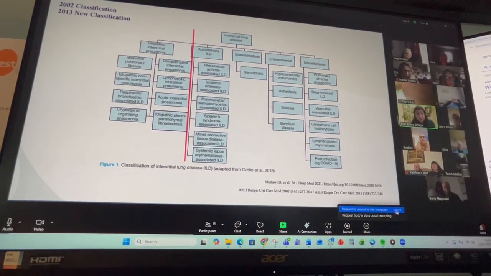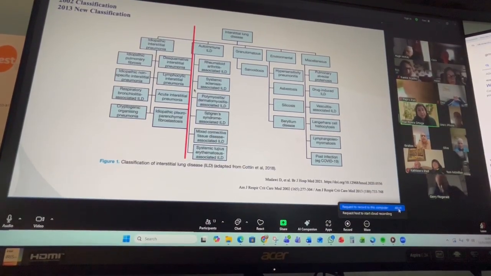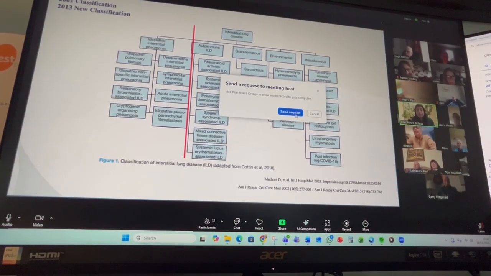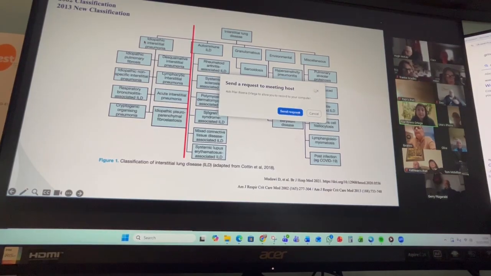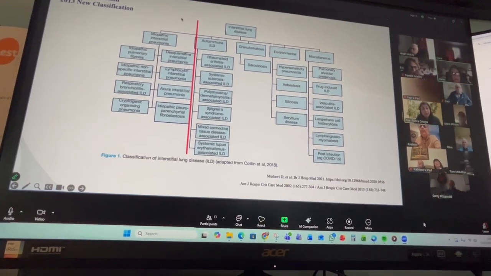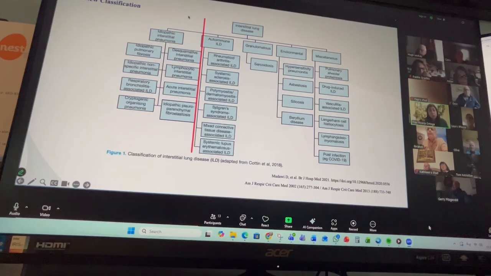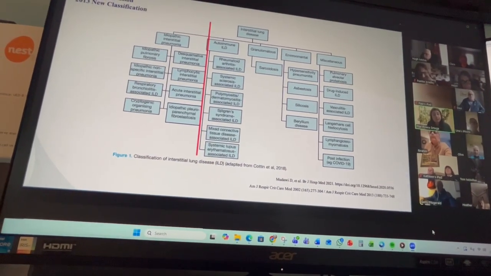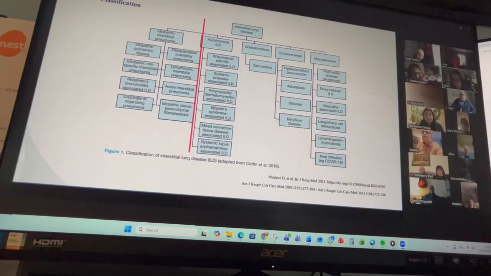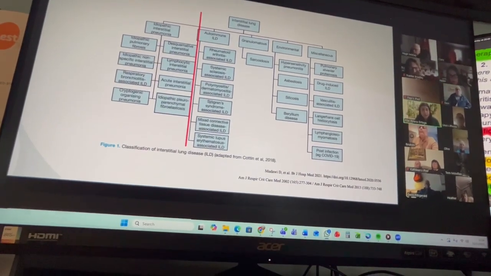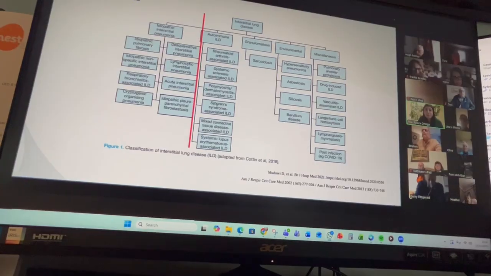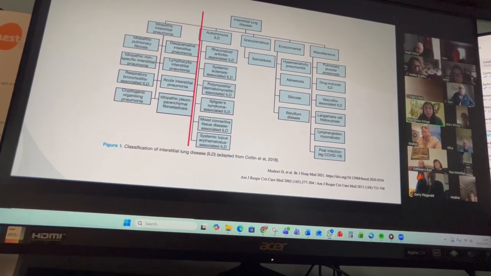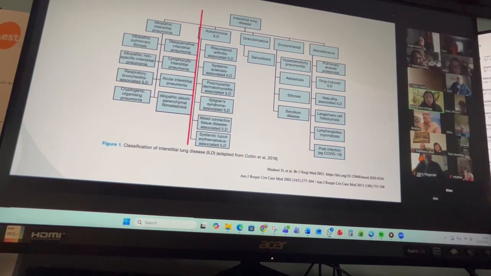For teaching purposes, I put this red line here to explain what is on the left side, which is what we call idiopathic interstitial pneumonias, and what is on the right side, all the ones where we somehow know the cause of the interstitial lung disease. Many of you are already aware that idiopathic is a medical term we use to describe when we don't know the cause of the disease.